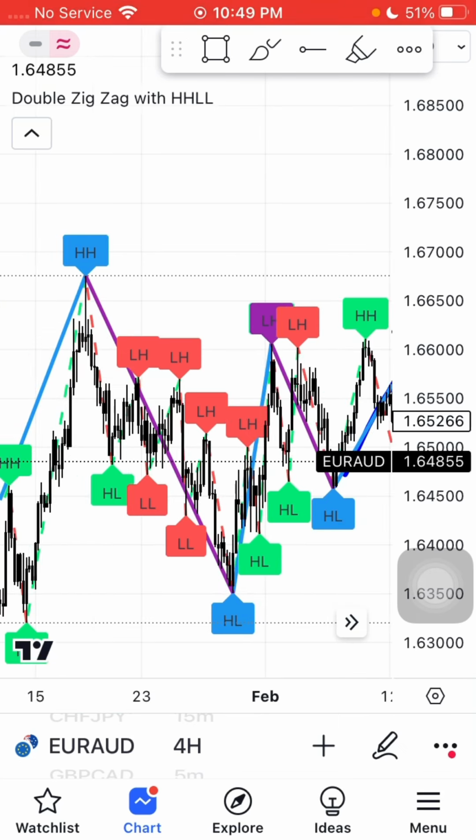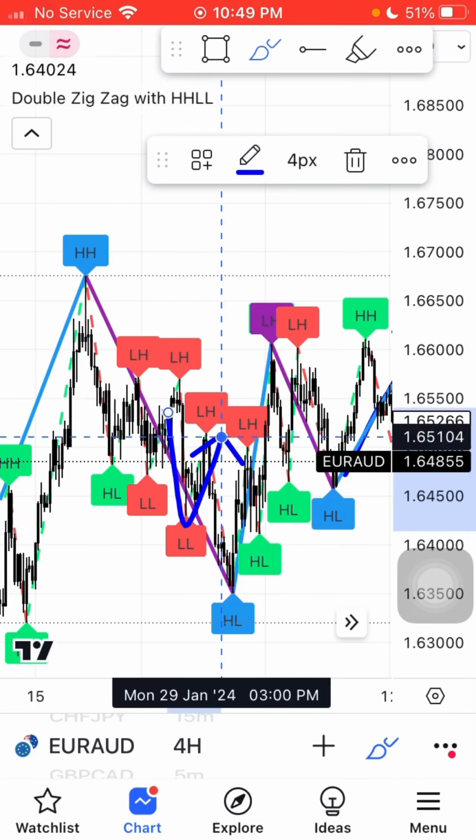That's when you actually aim to sell the market, just like once price gives you a higher high and then a higher low in an uptrend, guys.